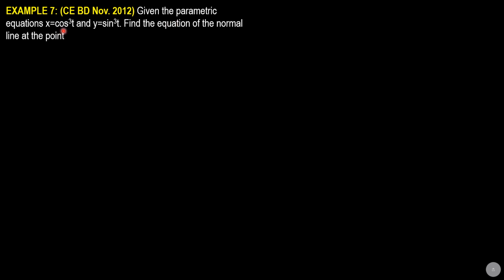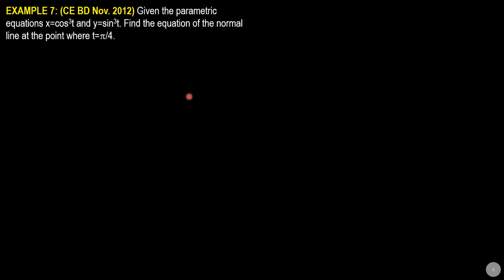Example 7, this came out in the CE Licensure Board exam in November 2012. Given the parametric equations x equals cosine cubed t and y equals sine cubed t, find the equation of the normal line at the point where t is pi over 4. If you notice, these are the parametric equations of the four-cusped hypocycloid.